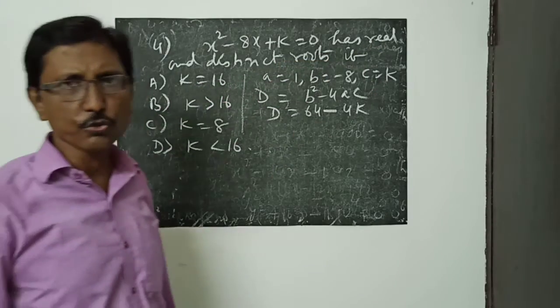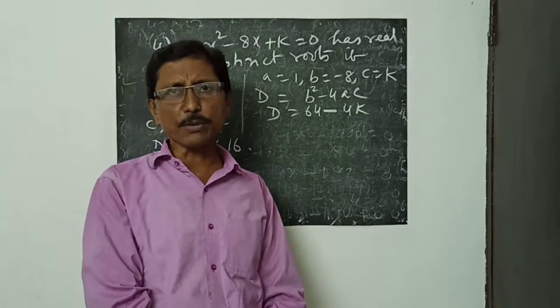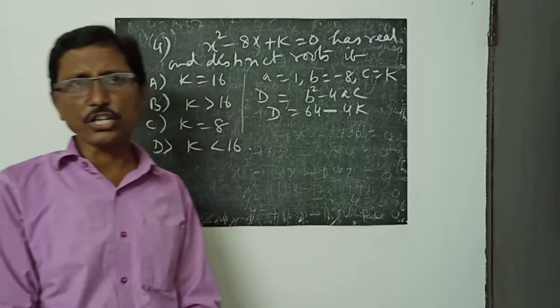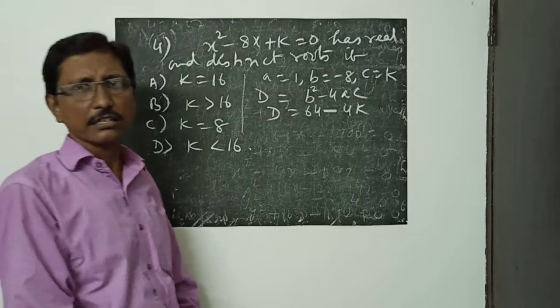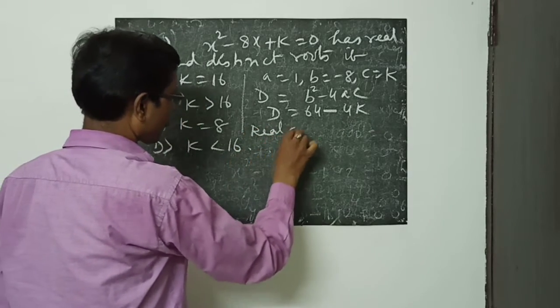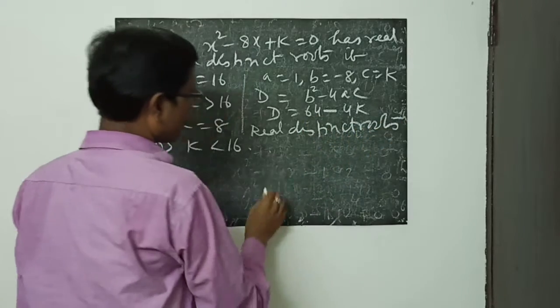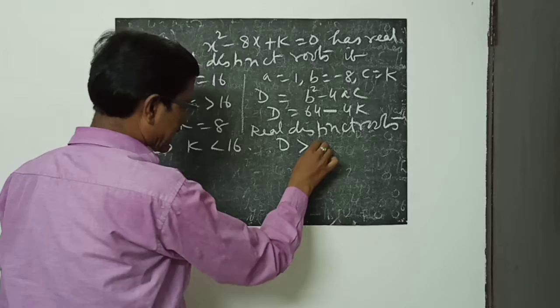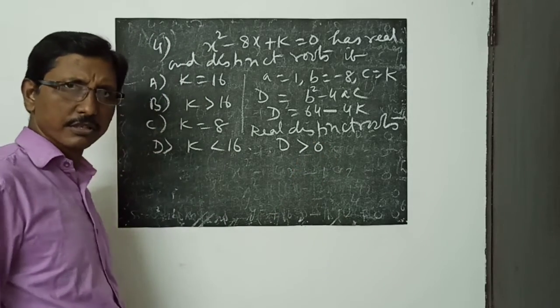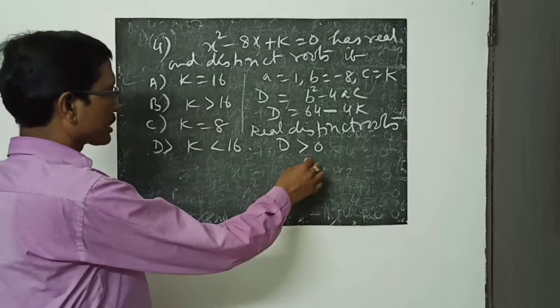Real and distinct roots, real and unequal roots. The condition for having real and distinct roots: D must be greater than 0, and D equal to 0 means real and equal. So D must be greater than 0.